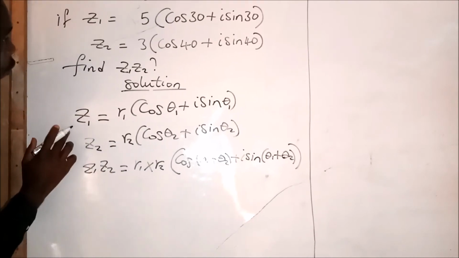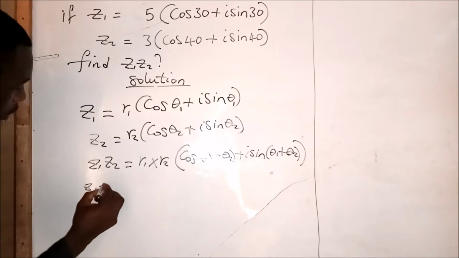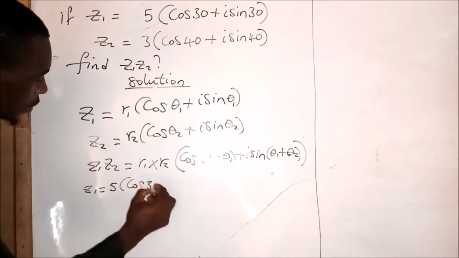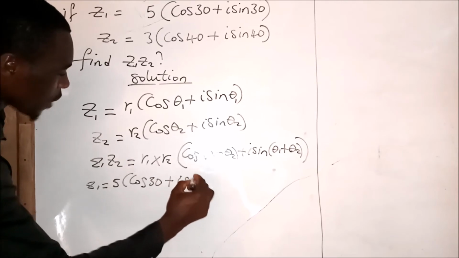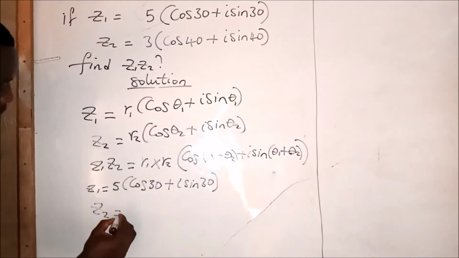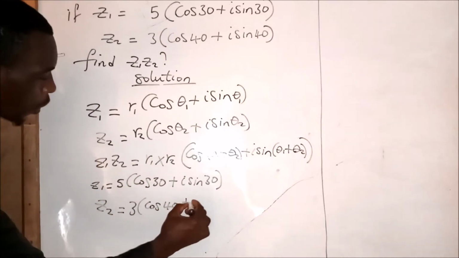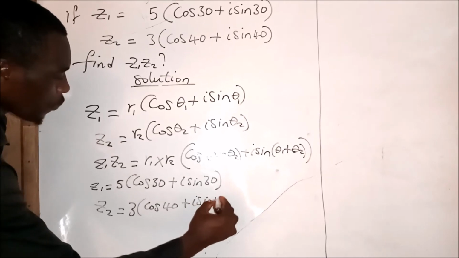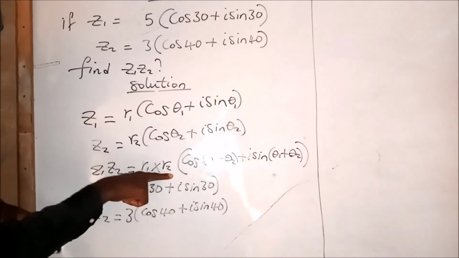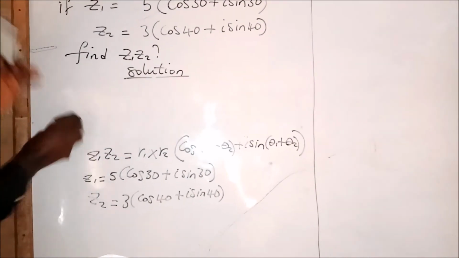We have that our z1 is 5(cos 30 + i sin 30), and our z2 is equal to 3(cos 40 + i sin 40). So if we follow this procedure to get our product, we are going to have something like this.